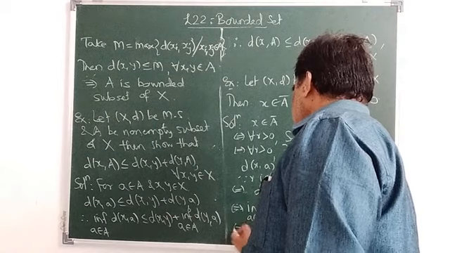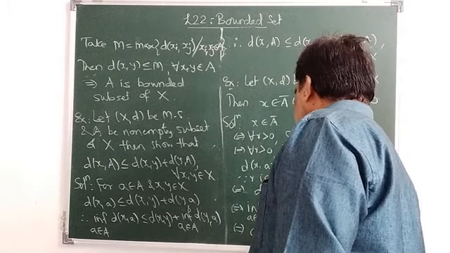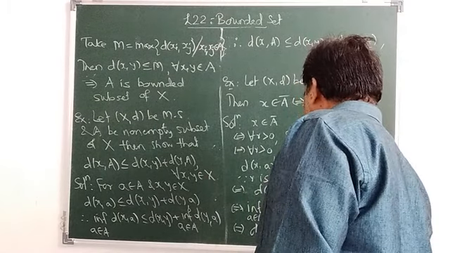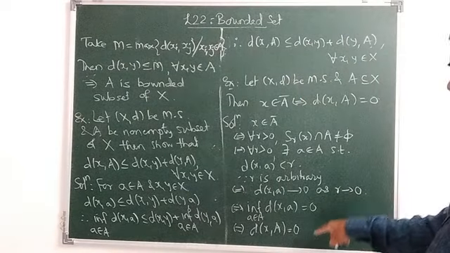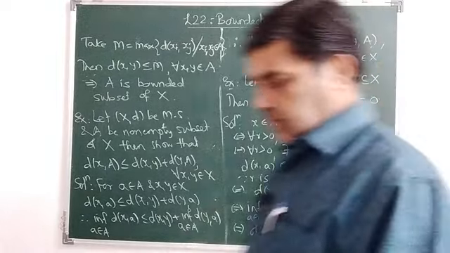If and only if d of xA is equal to 0. So x lies in A closure if and only if d of xA is 0.